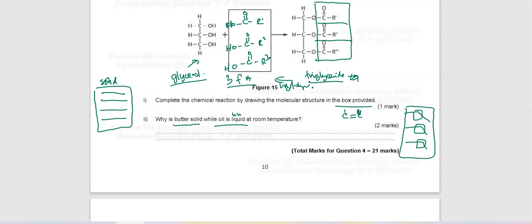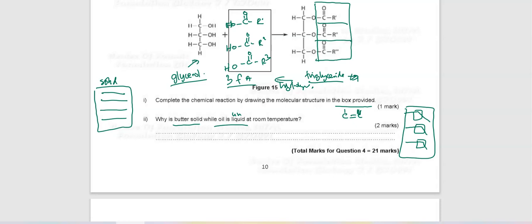And as for oil, which is liquid at room temperature, it is unsaturated fat. The structure of the fat molecule or the fatty acid, which is the component of the unsaturated fat, has one or more double bond between the carbon, can accept one or more hydrogen atom. So therefore, the molecule of the unsaturated fat will be bent, or they have kink.